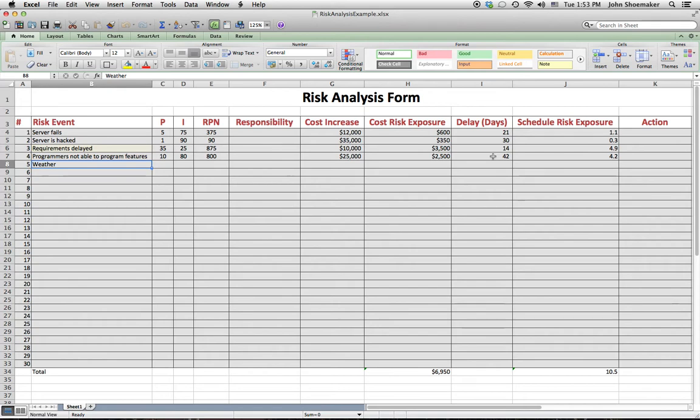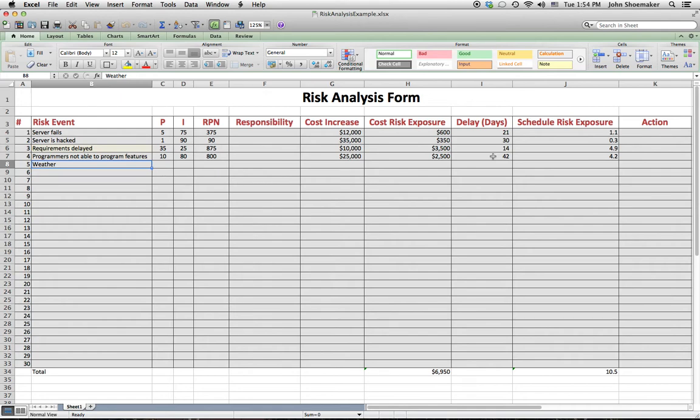Let's say, for example, the server fails. How can we avoid that? Well, we may not be able to avoid it. We may have to take some other kind of action. But certainly what we can do is we can buy the finest quality servers and configure them and operate them in such a way that they are not likely to fail.